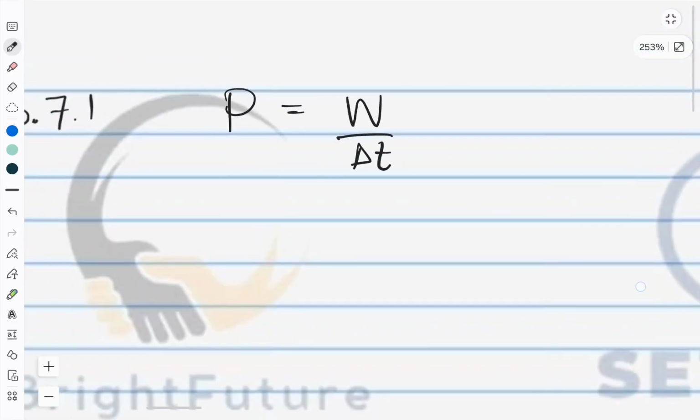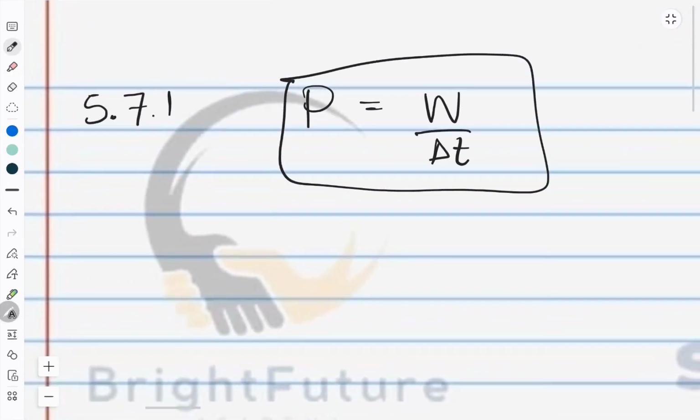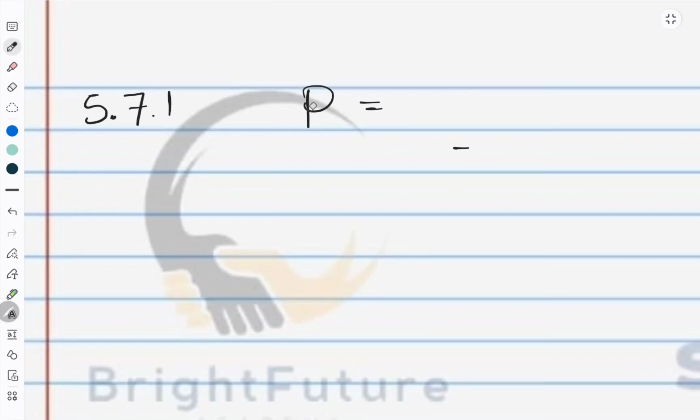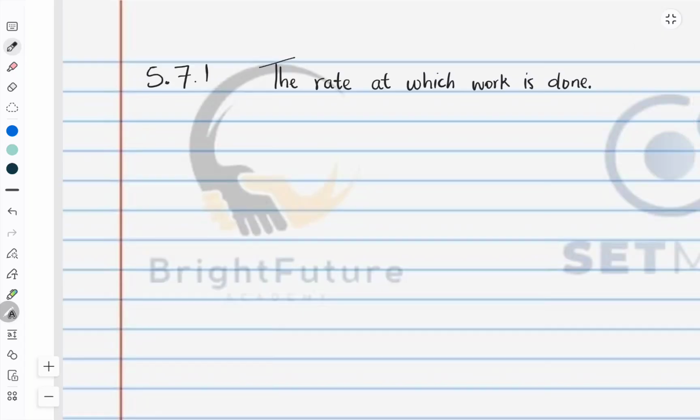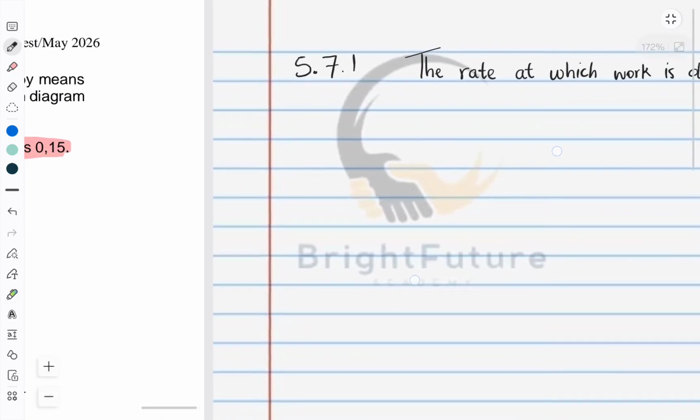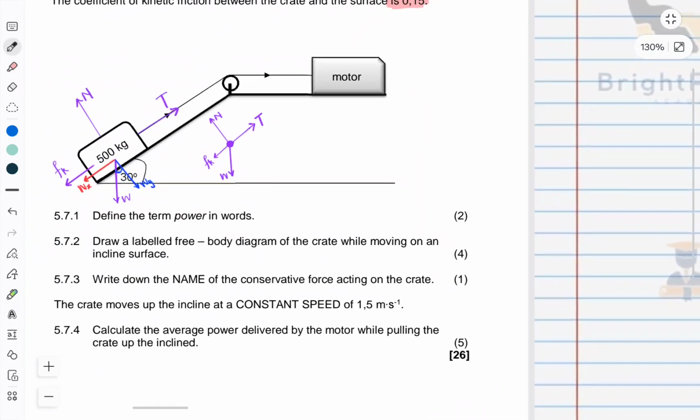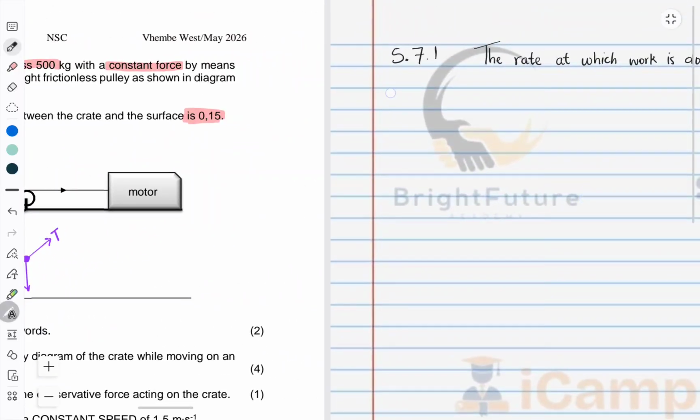If they didn't specify, you could have written it like this and left it here, right? But they said in words. So power is the rate at which work is done, or the rate at which energy is expended. It depends which one you prefer, okay? But the rate at which work is done, I prefer that one because it's easy to remember from the formula itself.